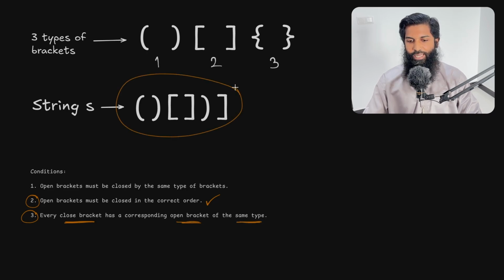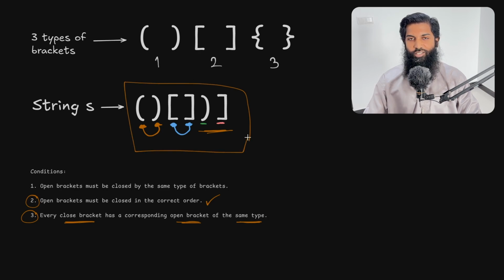Now, in this example, we have 4 closing brackets. This close bracket has a corresponding open bracket of the same type. This close bracket also has an open bracket of the same type. However, these two close brackets do not have an open bracket of the same type. Therefore, this string does not satisfy condition number 3.